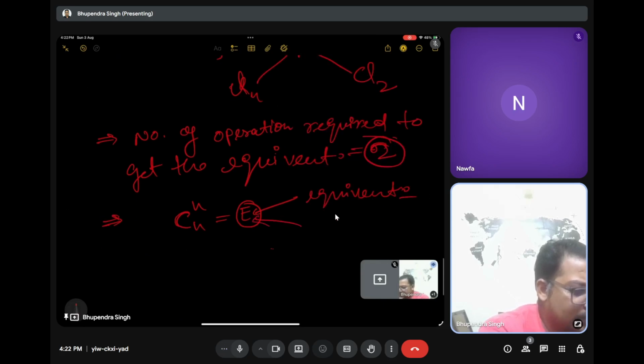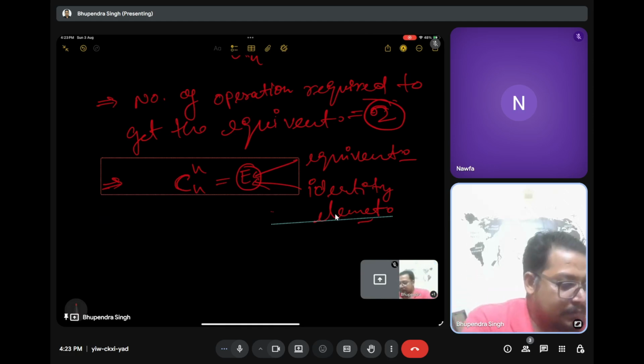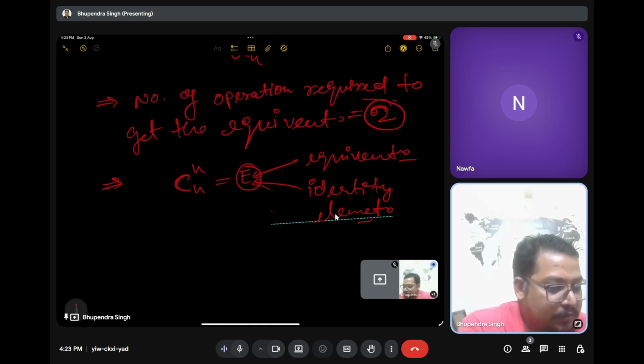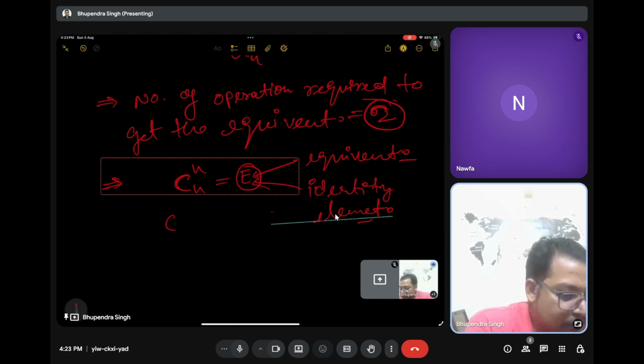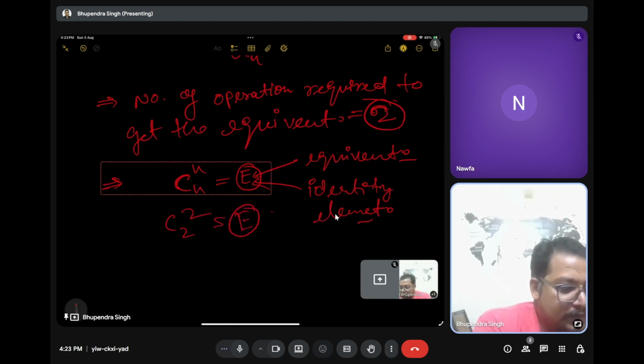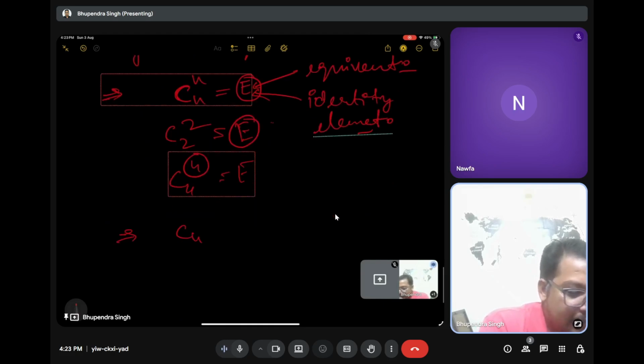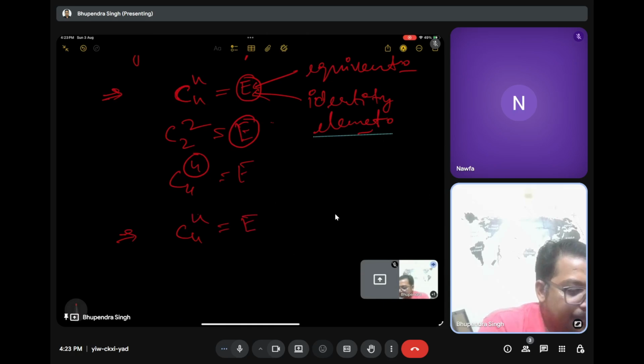So you have to remember this. For Cn, axis of symmetry, if C2 is there, then you require 2 operations to reach the equivalent structure. If C4 is there, then you require 4 operations. Similarly, for Cn you require n number of operations to reach the equivalent structure.